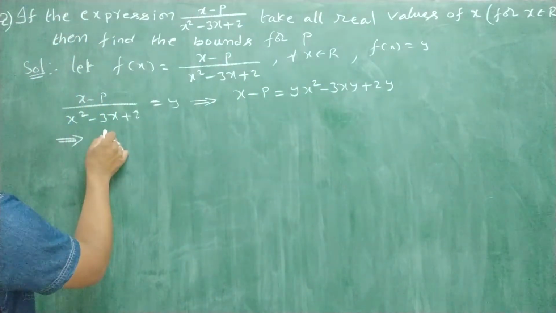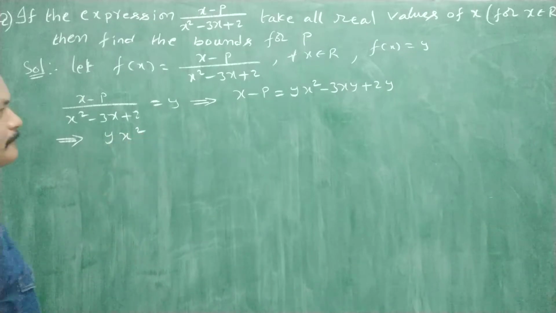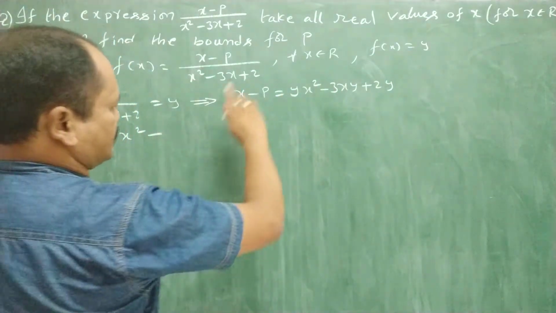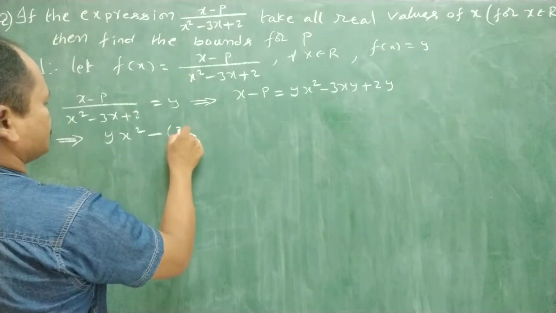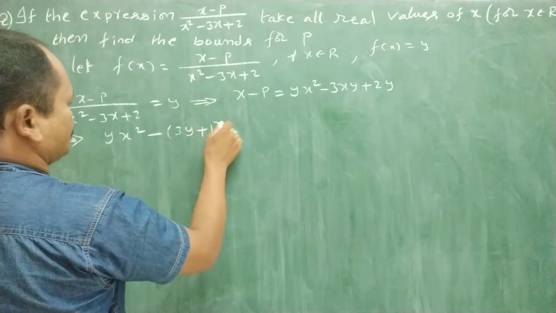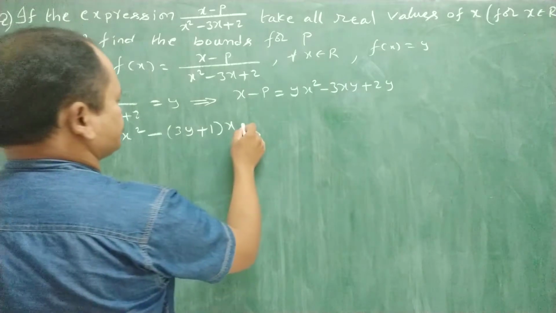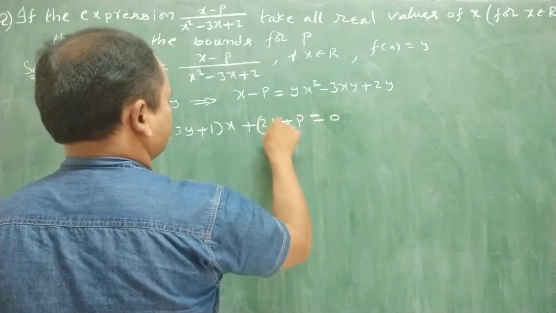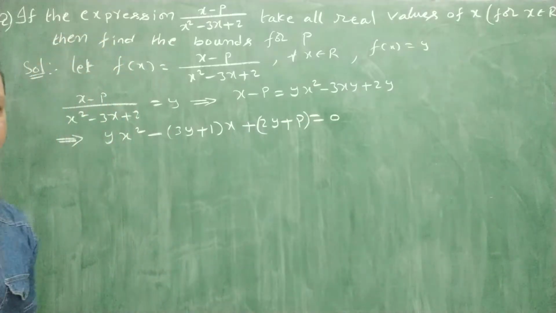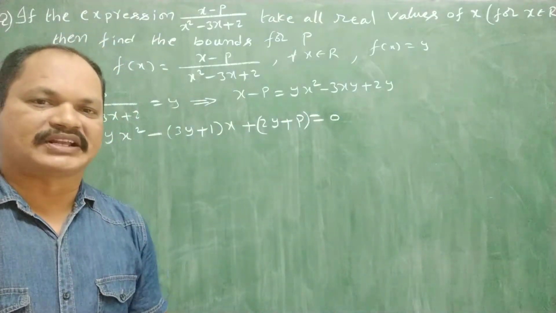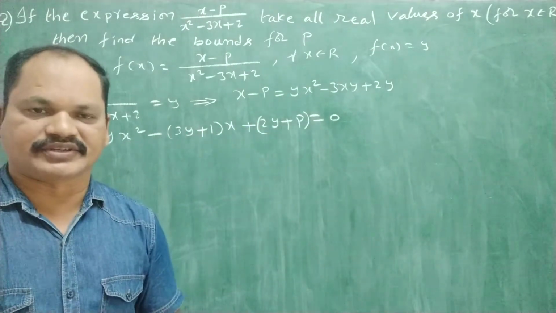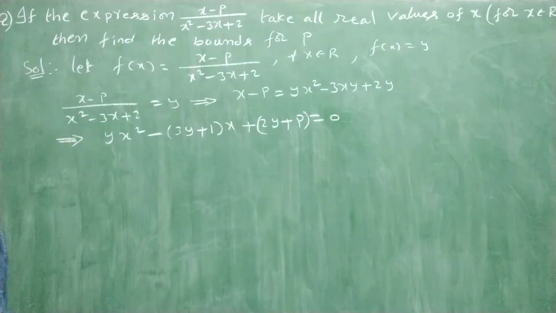Here it is yx square minus (3y plus 1) x plus (2y plus p) is equal to 0. So now we get a quadratic equation in terms of x.